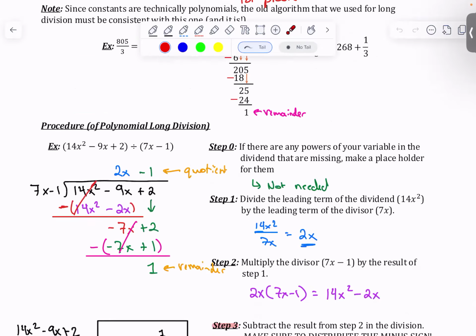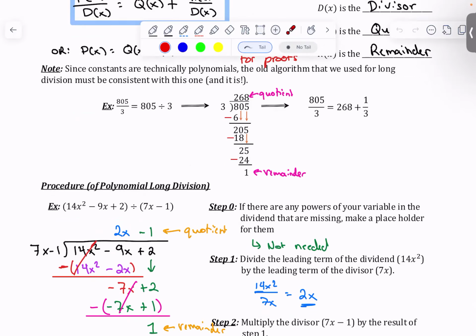But for this one, the key thing is, unlike with regular long division, you need to make sure that all powers of your variable are present. So in this case, all powers of x are present in the dividend. So 14x squared, one less is 9x, one less is the constant term, and it has all of them.